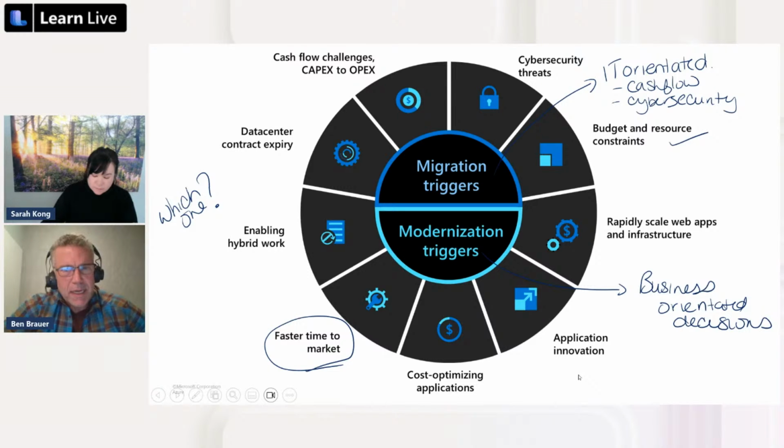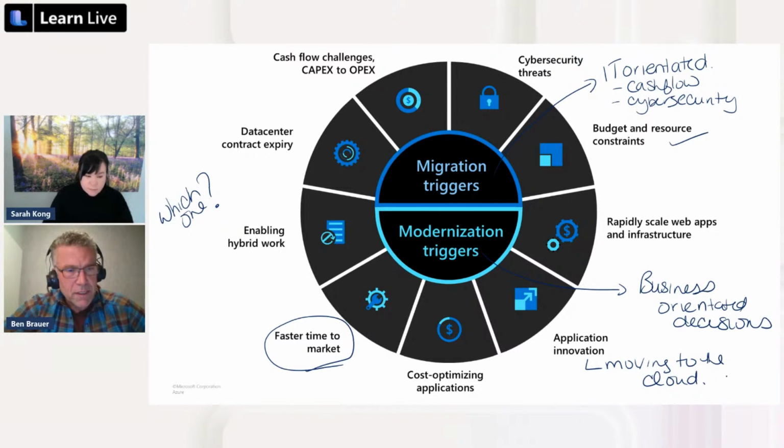And then finally, application innovation. This is an area where we see a lot of customers moving. They realize that moving to the cloud will give them more opportunities to innovate, because of the sheer number of services available through Azure. Right now, there are over 300 services.